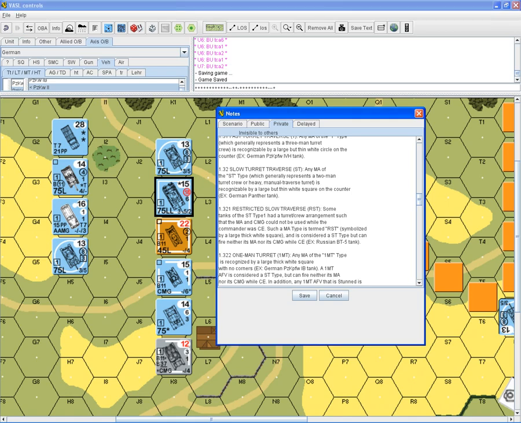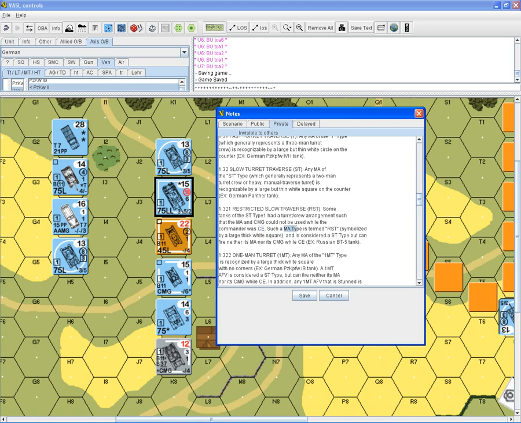Sort of a subcategory to the slow traverse is restricted slow traverse. Some tanks have special arrangements such that the machine gun and the coaxial machine gun could not be used while the commander was CE, or crew exposed.